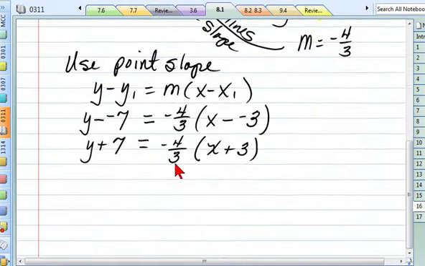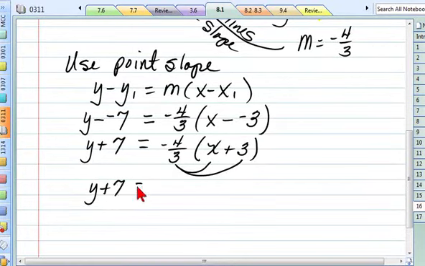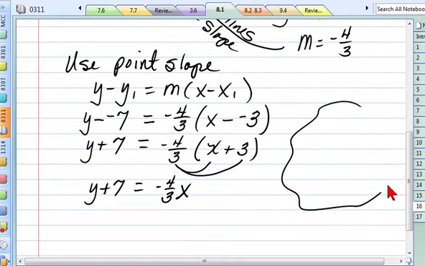Now, I need to use the distributive property. I am dealing with a fraction. It's still not bad. I have y plus 7 is equal to negative 4/3 times x is negative 4/3 x. Negative 4/3 times 3.